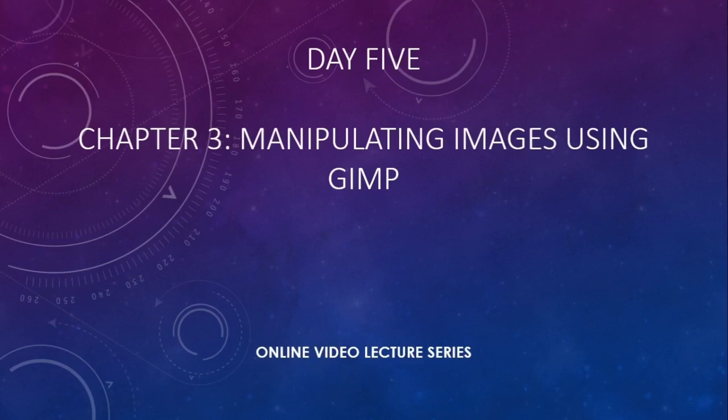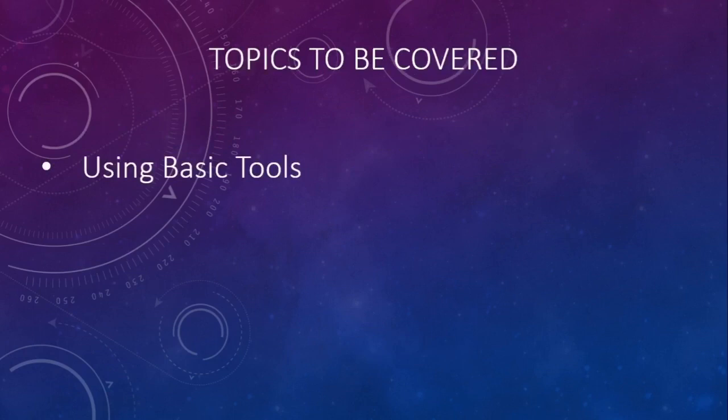In today's session we will be discussing some basic tools that we are going to use while editing or drawing images using GIMP. So let's start and see what basic tools we have in the GIMP application.